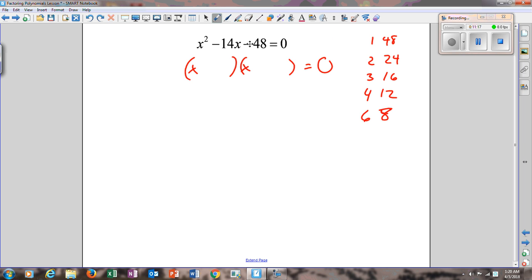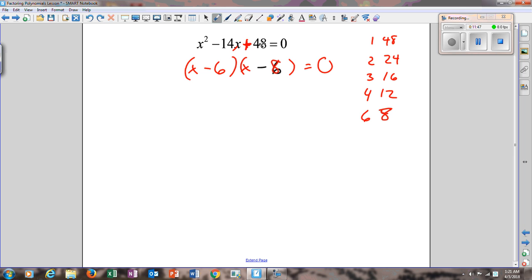Now this has to multiply together to give you a negative 48. I think I messed up. This should be a plus. That's better. So it's got to multiply to give you a plus 48 and give you a minus 14x. So it's going to be a minus 6 and a minus 8.